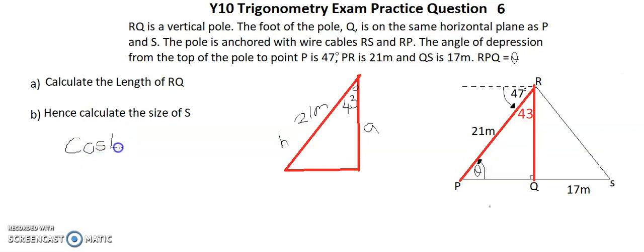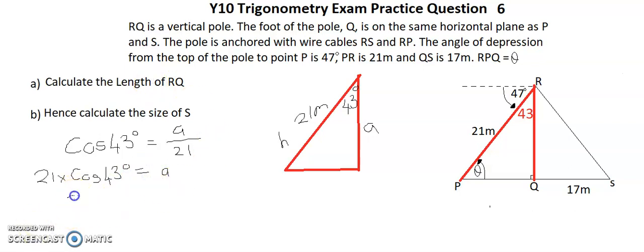So cosine 43 degrees is going to be equal to our adjacent side over our hypotenuse. Likewise, to get A by itself, we times both sides by 21. And we get 21 times cosine 43 degrees, and that is equal to our adjacent.